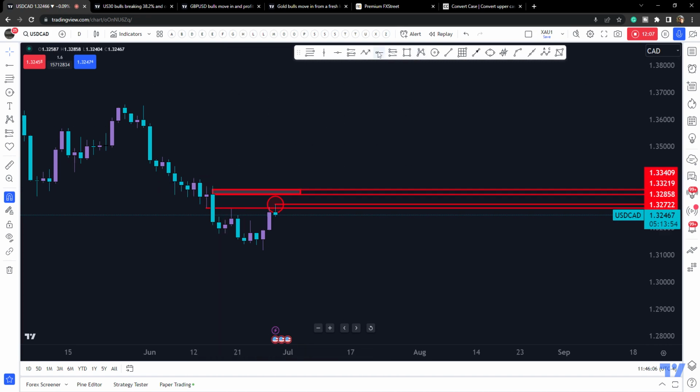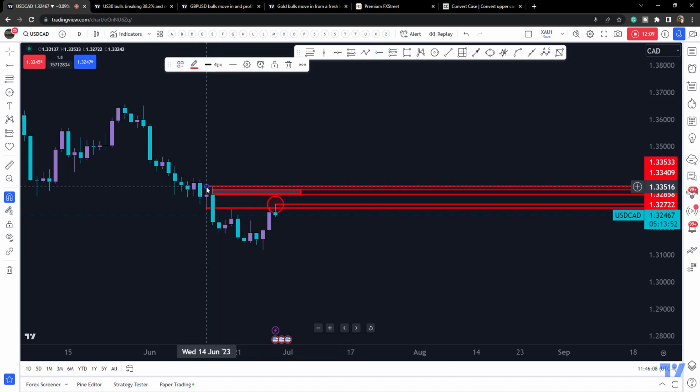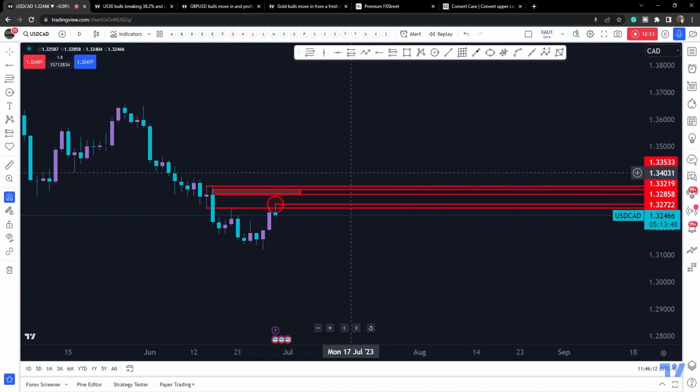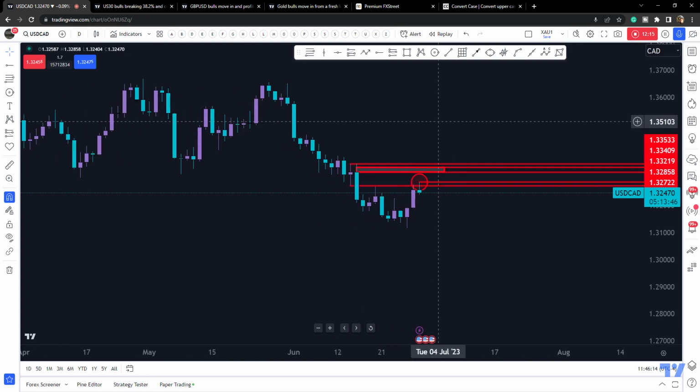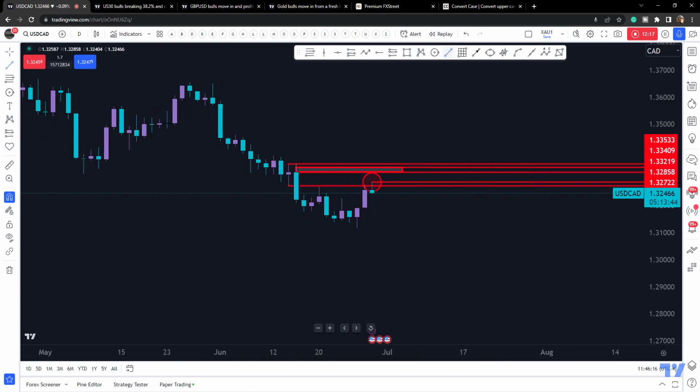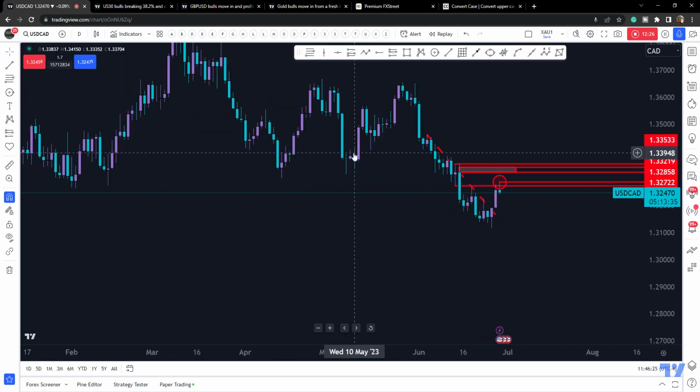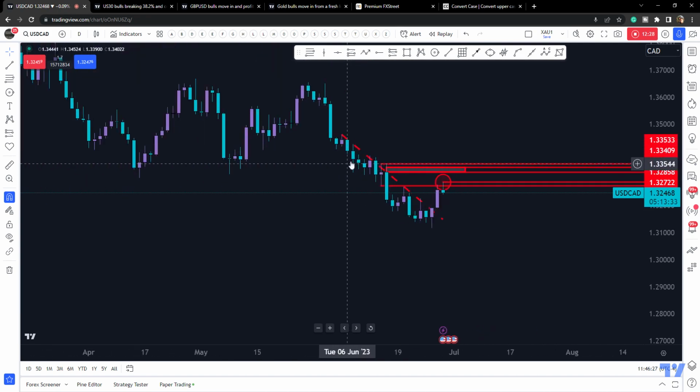In fact, you have stops above here as well. So 133.50s. Bearing in mind, as I said before, we're on the backside of this bearish trend. So the overall thesis is starting to look bullish in that respect.